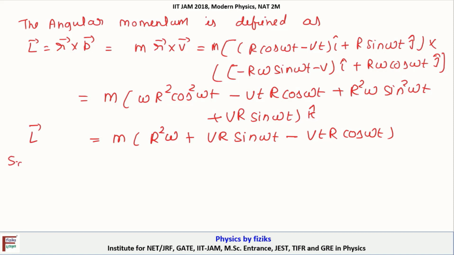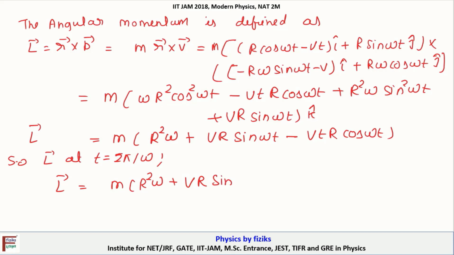So L at t equals 2π/ω would be m (r square ω plus vr sin ω into 2π/ω minus v into 2π/ω into r cos ω 2π/ω).